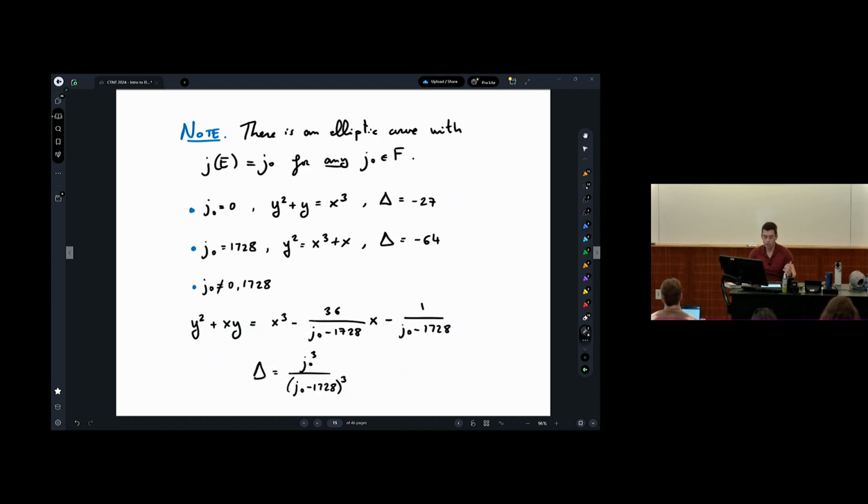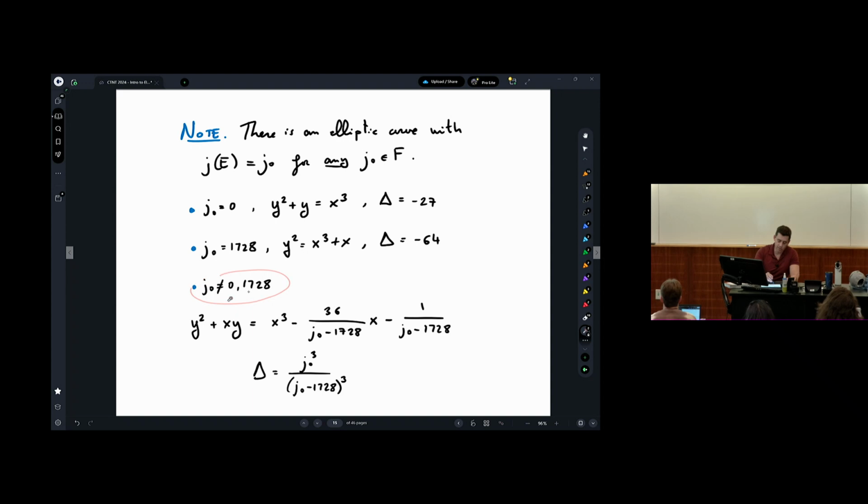It turns out, some fun fact, is that there is an elliptic curve with every j invariant. So if you give me any number in your field F, I can give you back an elliptic curve with j invariant equal to that number. If j is 0, then this elliptic curve has j equals 0. If j is 1728, this elliptic curve has j 1728.